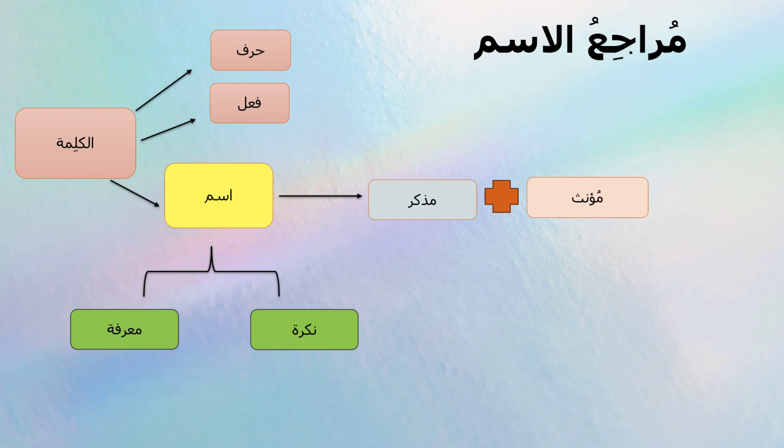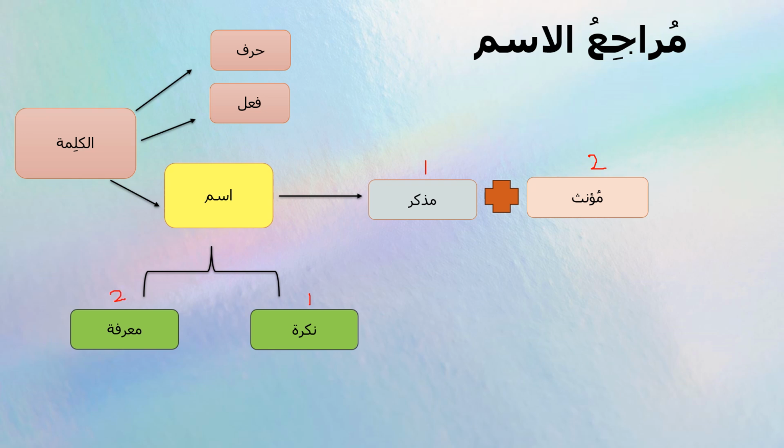Muraja al-ism. Now some revision on the ism. As we have learned before, kalima is divided into harf, fail and ism. So the first category, ism, we know that ism is noun in English, and in Arabic a noun has two genders, the mudhakkar and the muannath, and nakira and marifa.